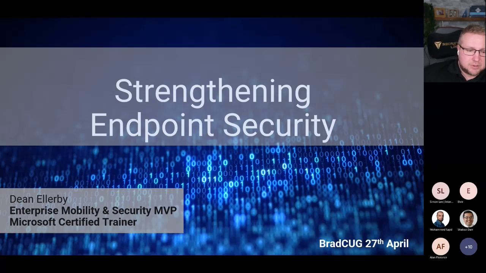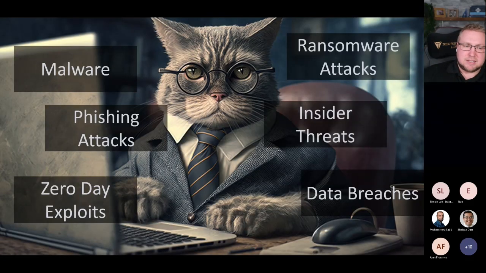So today I'm going to explain a little bit about the things that keep CISOs and CEOs and security officers up at night. That's an example of a CISO according to Midjourney, if you put a particular prompt in.